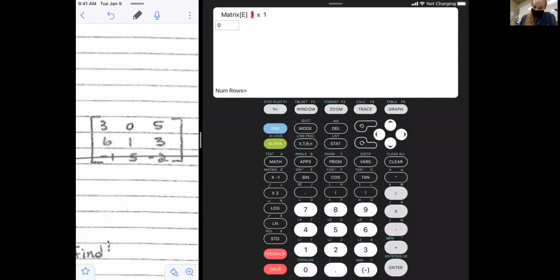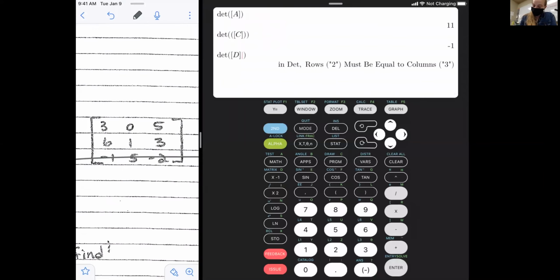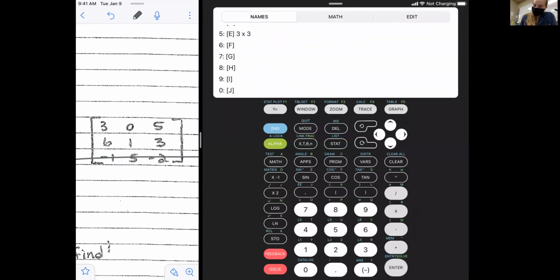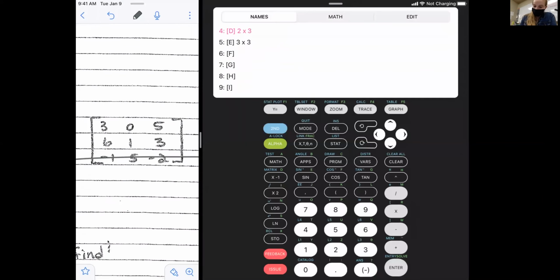It's a 3x3 matrix. 3, 0, 5, 6, 1, 3, -1, 5, -2. Get out. Press DET for determinant, and then press my matrix, which is, we said E as in elephant.